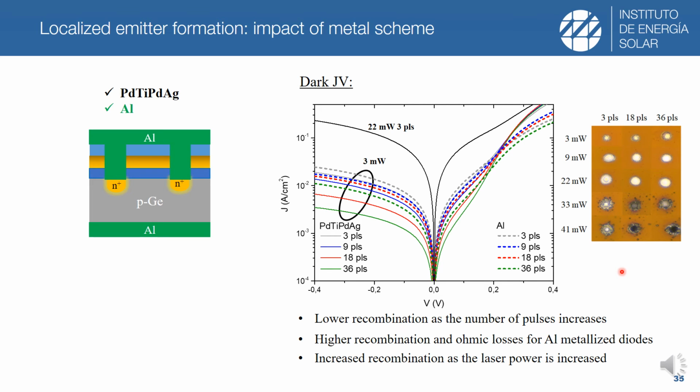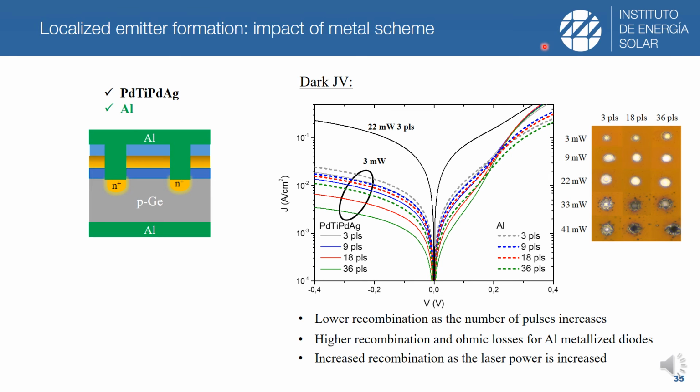In terms of the number of pulses, we know that it will increase the junction depth, but this cannot be detected in this kind of picture with just an optical microscope.